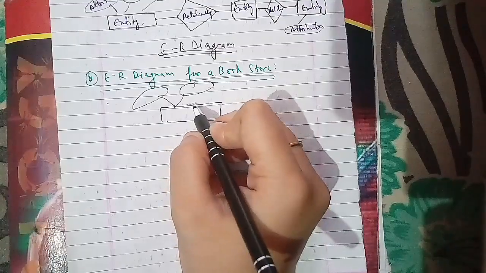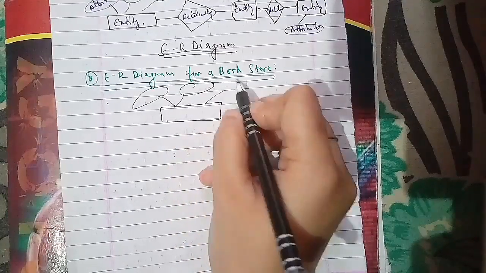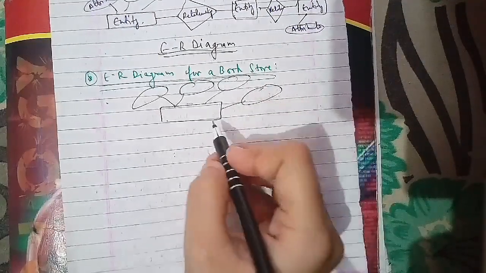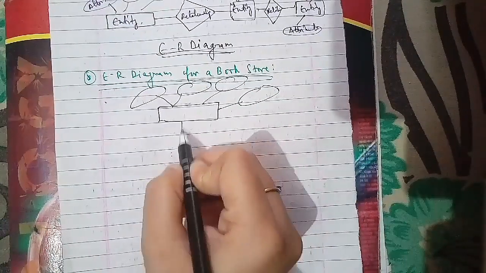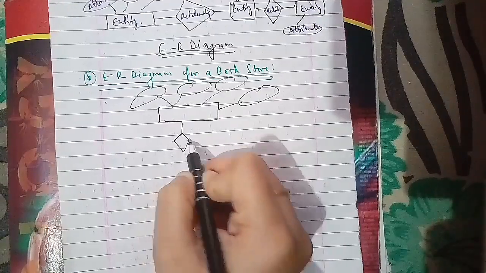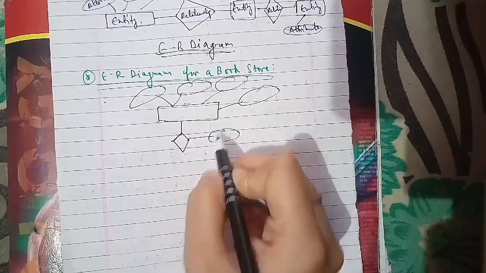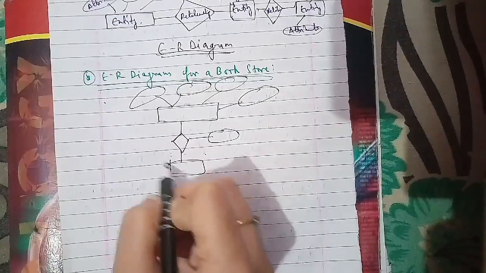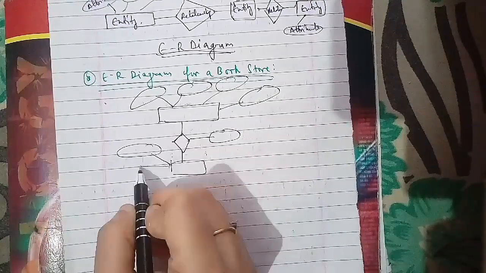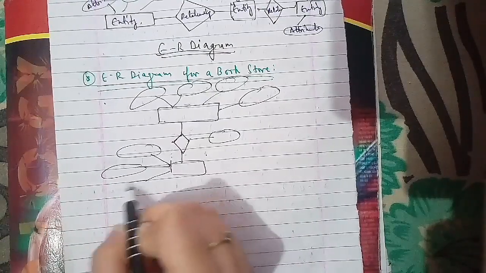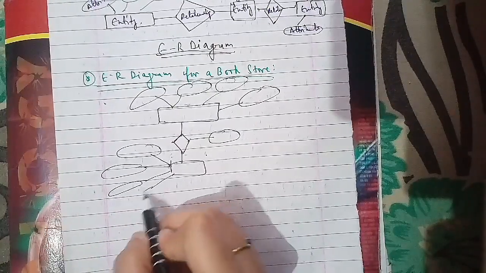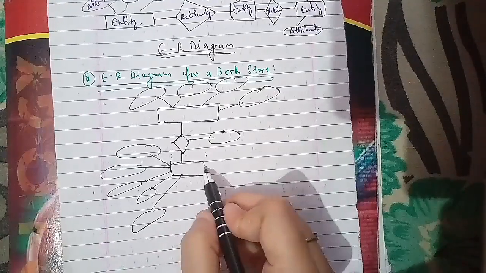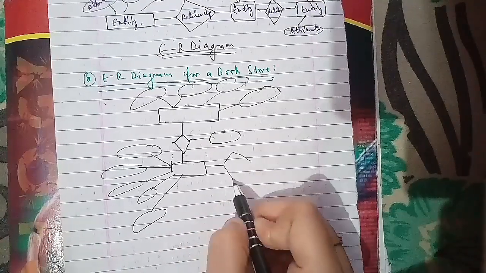Then you have to know the date and the receipt number, that is the customer: name, address, then the email, that is your primary key, and of course the phone. This is in reference to the customer as well.